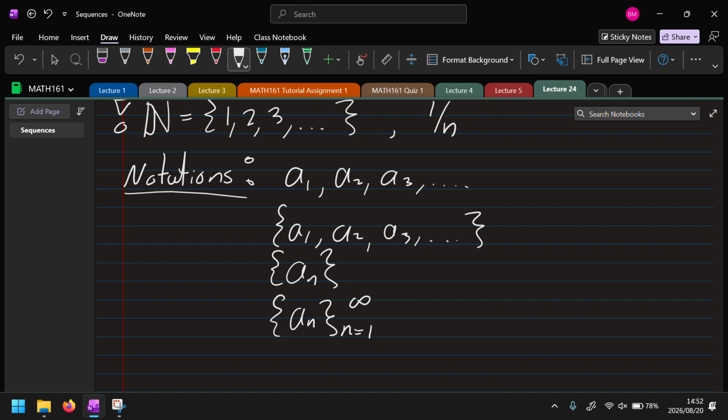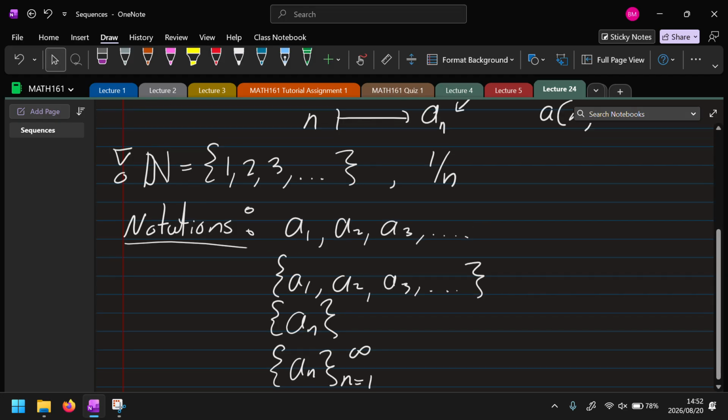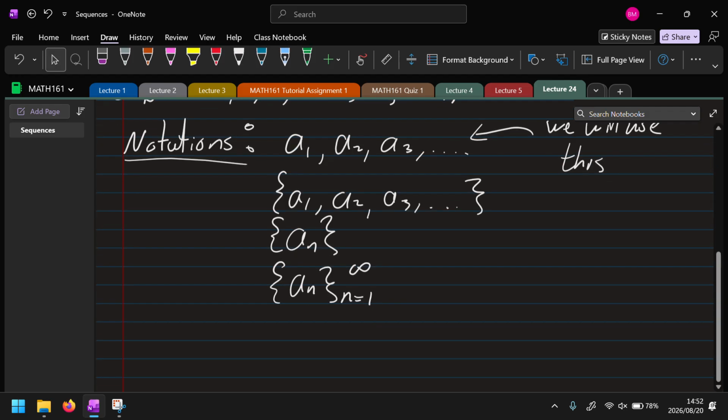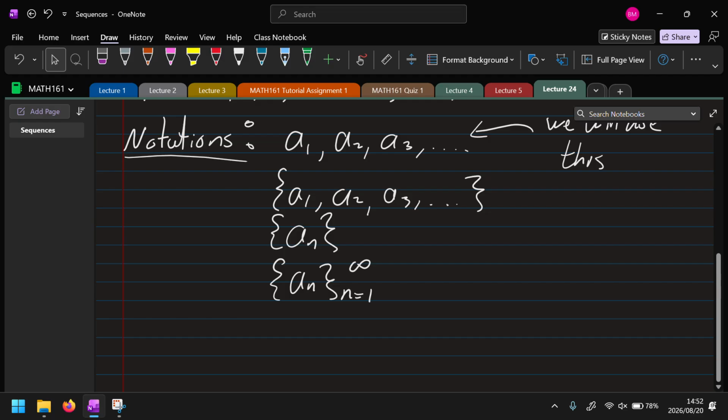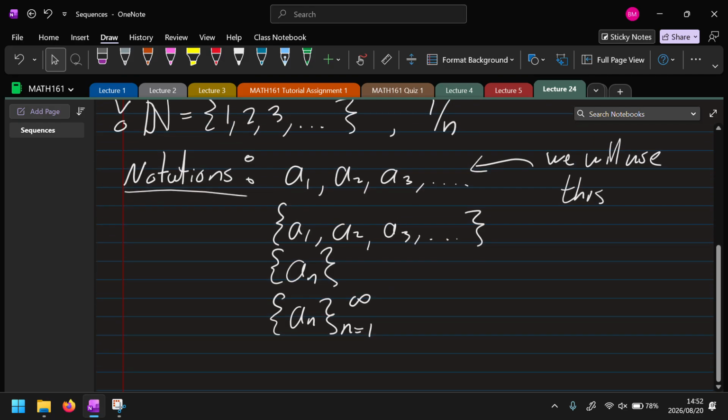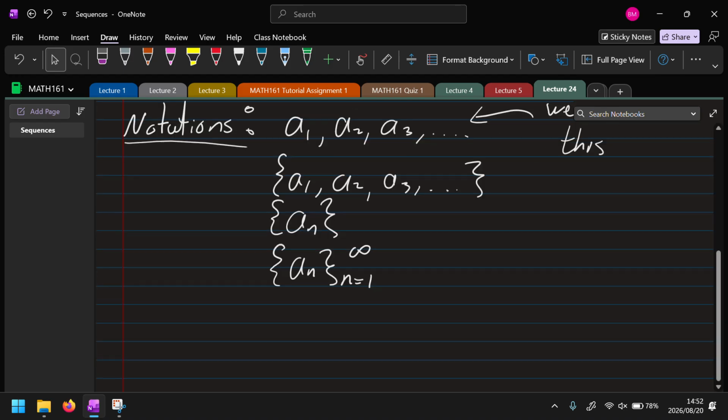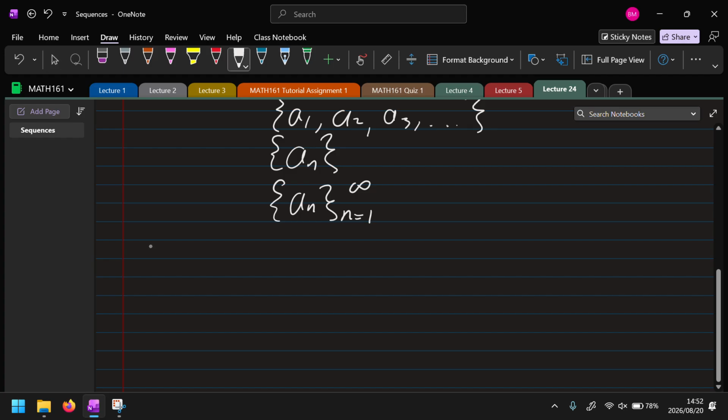We're not going to put the brackets or anything. You can feel free to use the other ones, but we will use this one. Any questions on the notation, what you should use, what you shouldn't use? Fine.